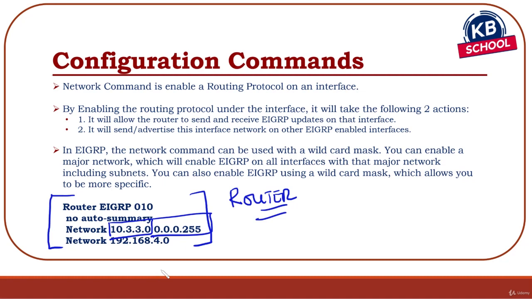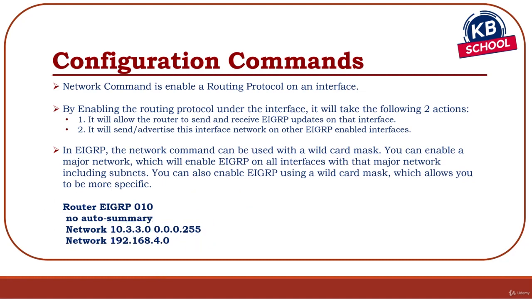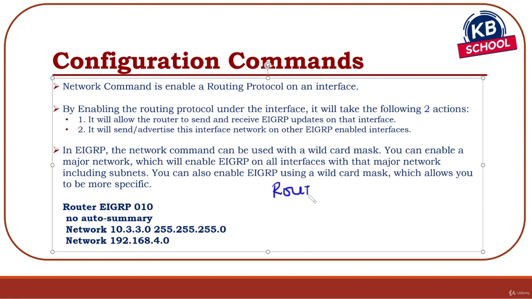So if you want to do it for a specific subnet, not the entire major network, you would need to put the mask as 255.255.255.0. This will help you on your ACLs as well when we cover the ACLs, that anytime we used a wildcard mask on the router, the inverse mask.